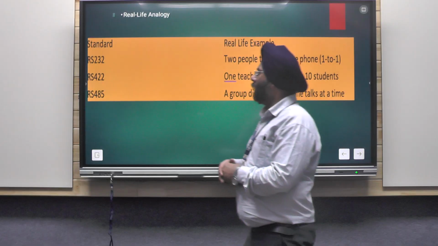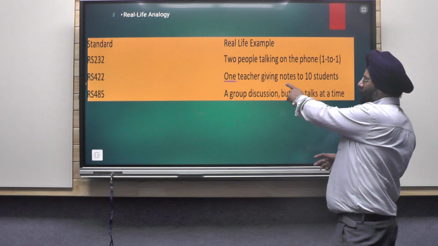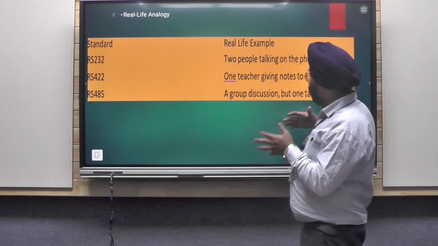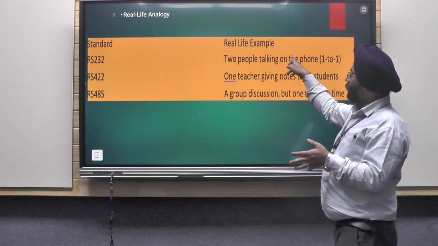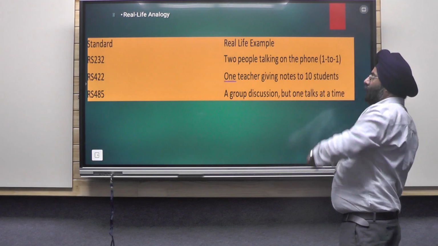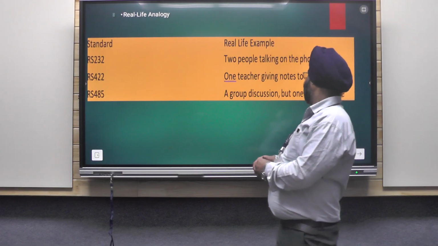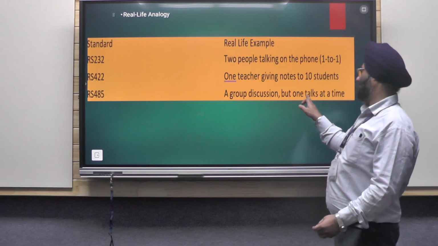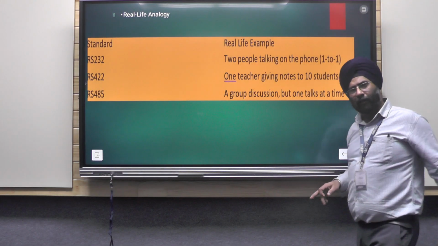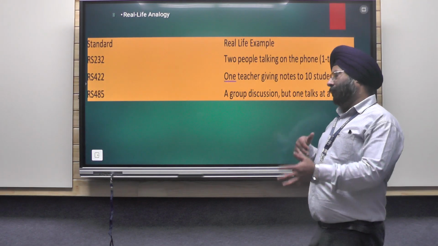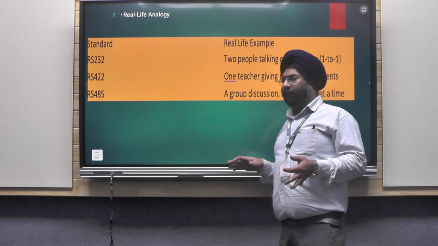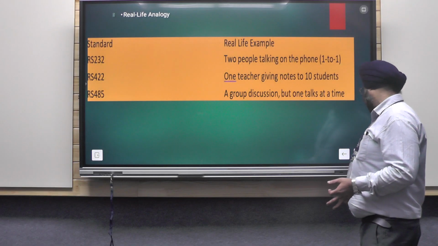RS422 is like one teacher giving notes to 10 students, where the number of students is increasing: one person at the sending end and 10 students at the receiving end. RS485 is like a group discussion, but one talks at a time. Senders and receivers are both increasing in the third one, RS485.